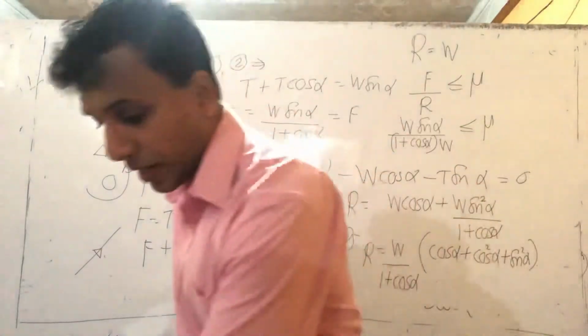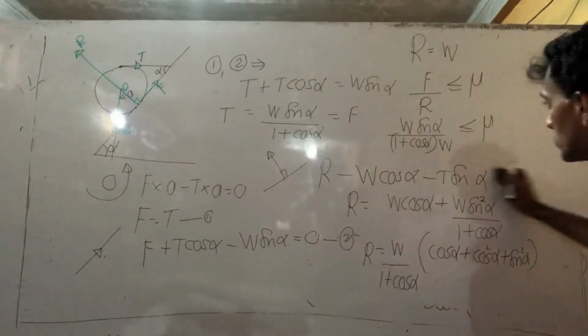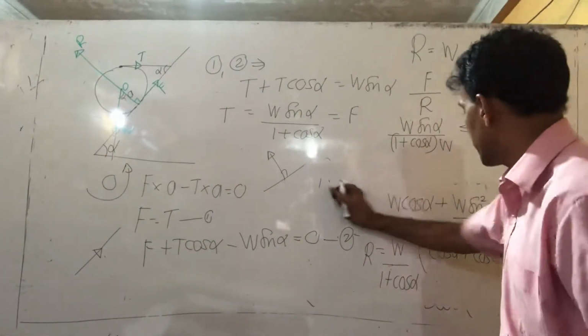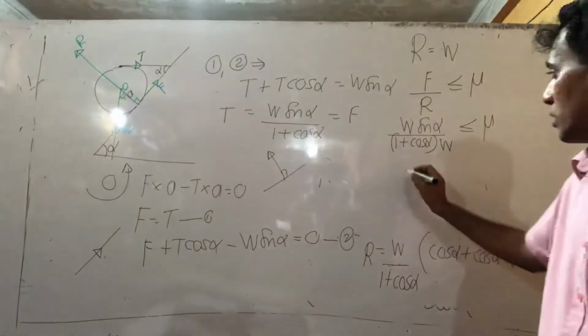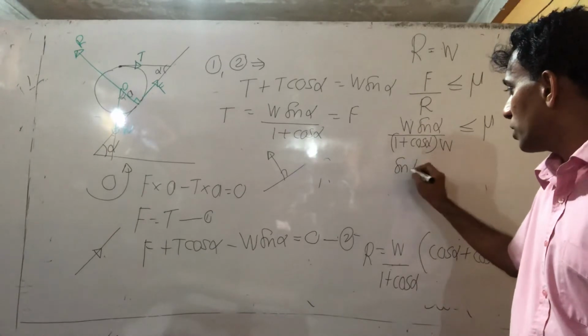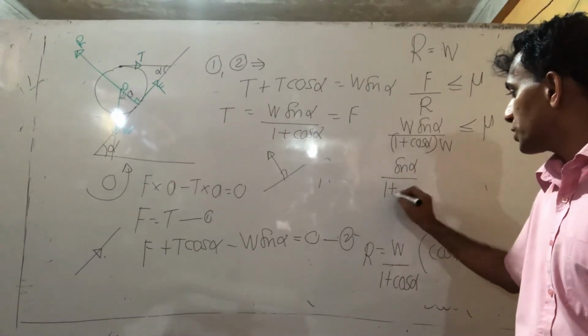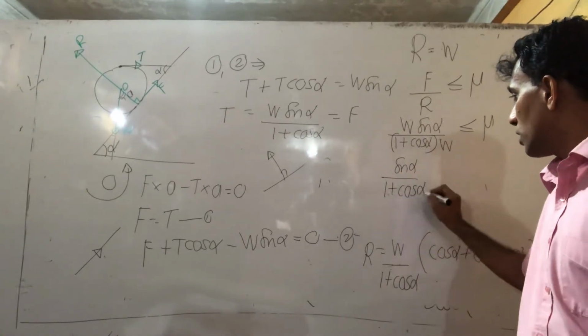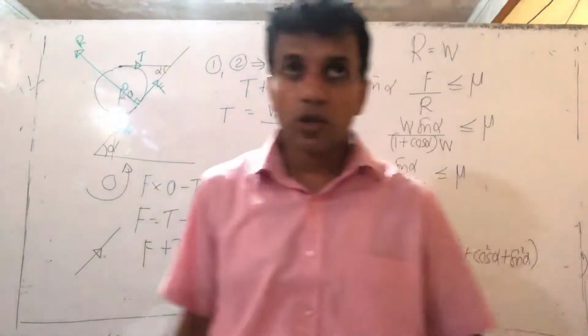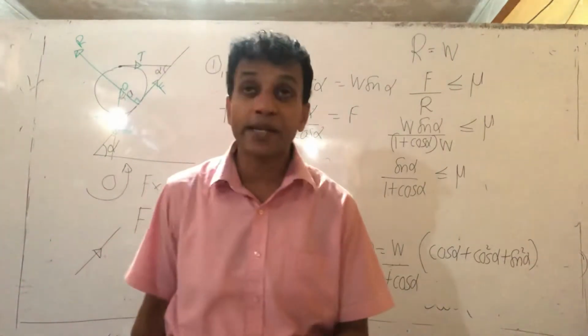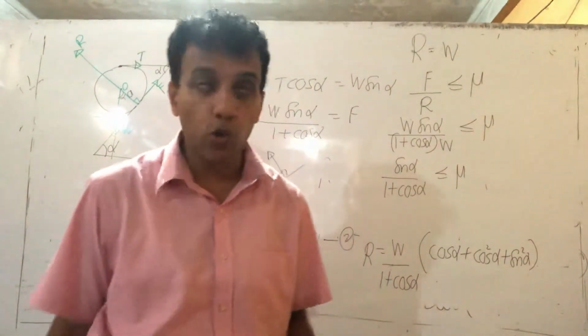So W cancels: sin alpha over 1 plus cos alpha less than or equal to mu. This is also one of the answers, but they ask tan theta, tan inverse mu, right?